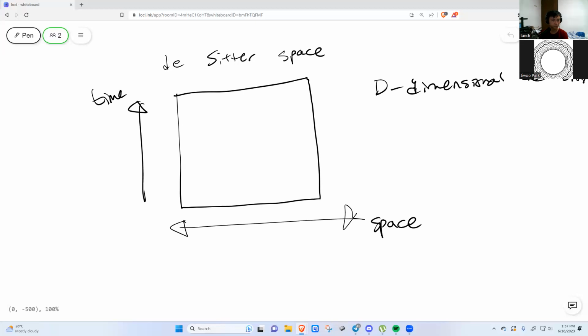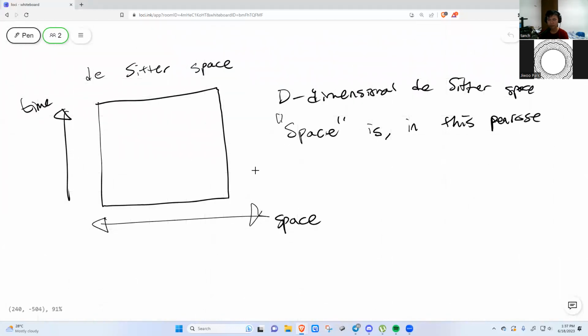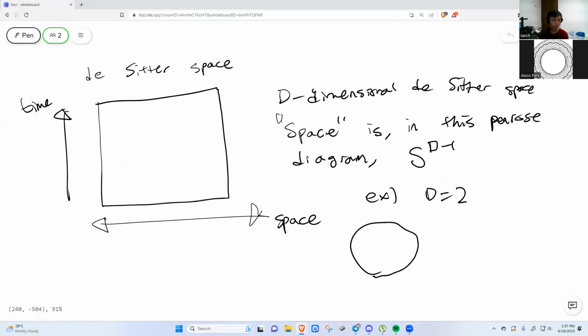In this Penrose diagram the space is S^(d-1), a (d-1)-dimensional sphere. If you have a sphere, for example let d equal 2, then it's basically a spherical shell.